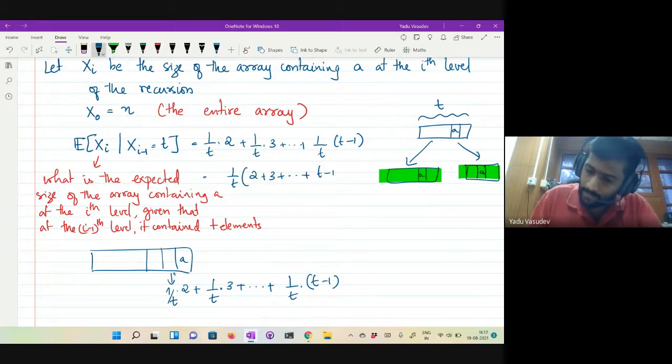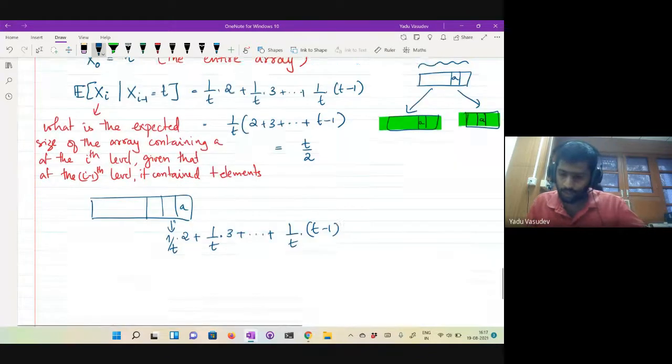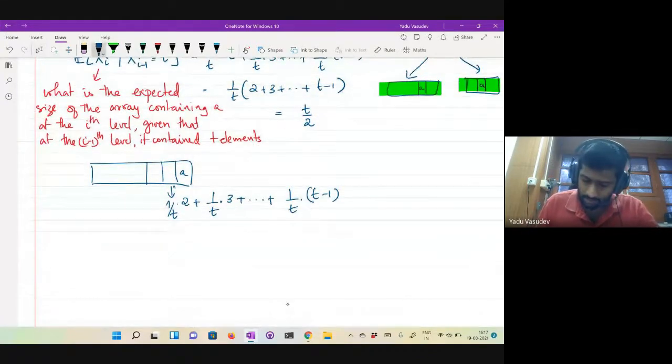Let's not worry about small factors here and there, so we will say this is t divided by 2. This is the expected size. So it is going from t to t by 2. That is the expected value. That's good.